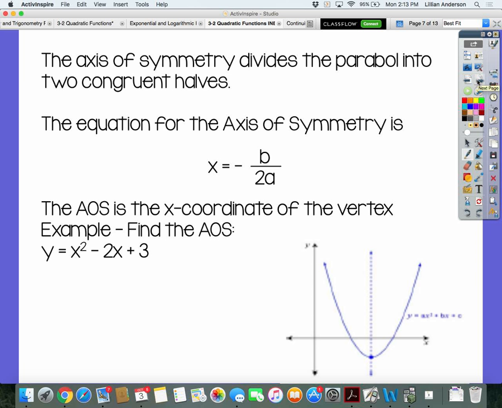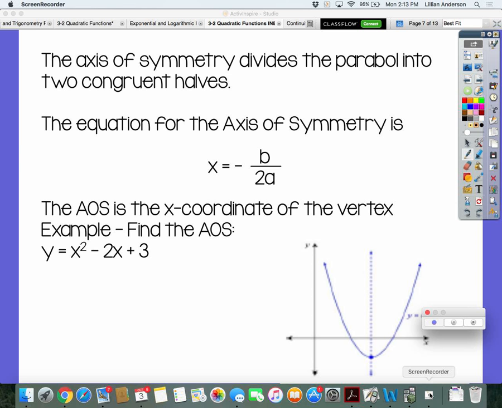Now, the axis of symmetry divides the parabola into 2 congruent halves. Okay? The axis of symmetry is an equation, which means that anytime it asks you to find the axis of symmetry, you should always have x equals. That is so crucial. That is so key. And then there's a formula to find the axis of symmetry. It's negative b over 2a.